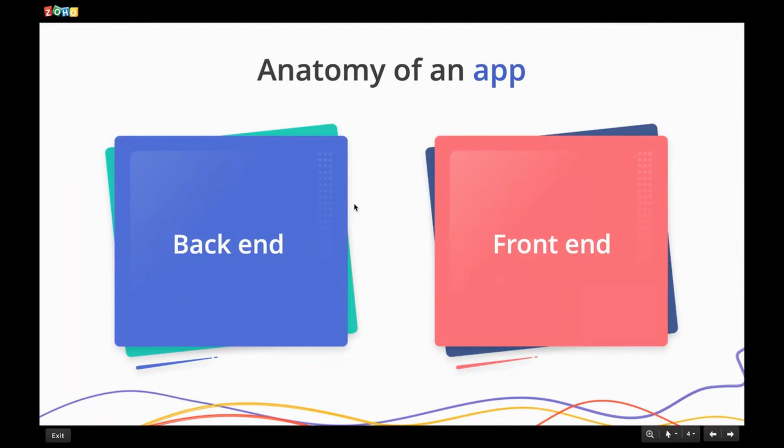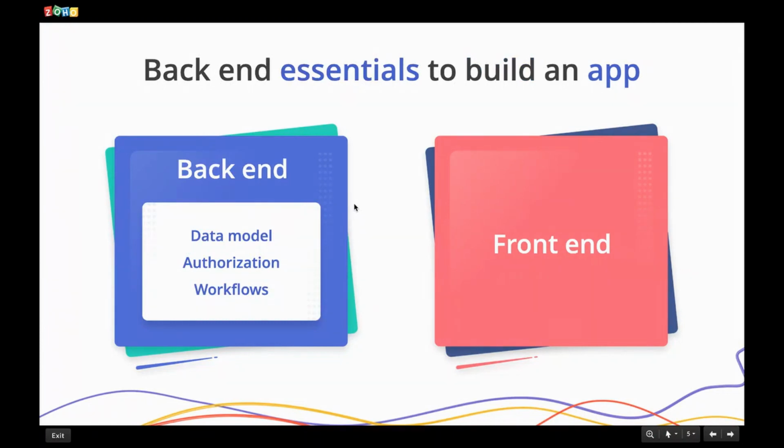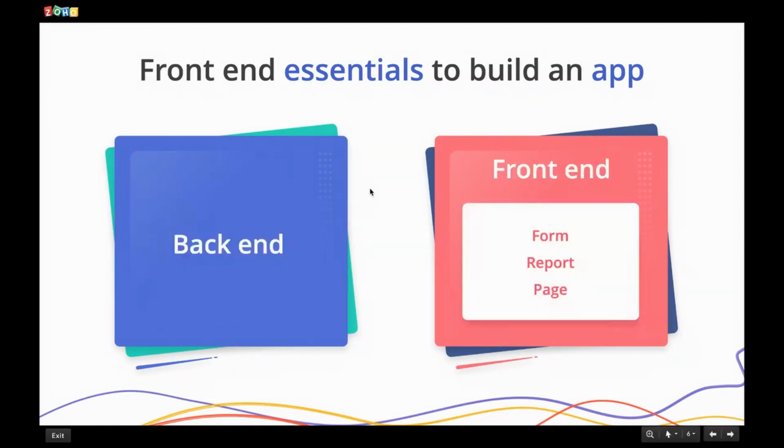So as most of you already know, the backend essentials to building an application will be the modeling of the data, or the data flow, the authorization, how that needs to work, and of course workflows which will aid the flow of data in your application. And the front end will obviously consist of forms, reports, or pages, which are visually displayed for the end user on your application.